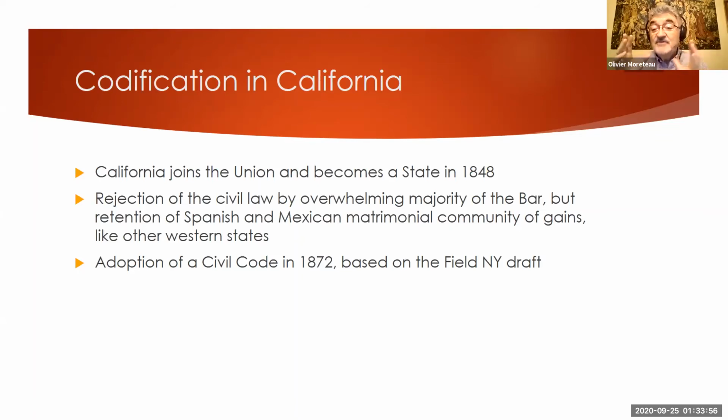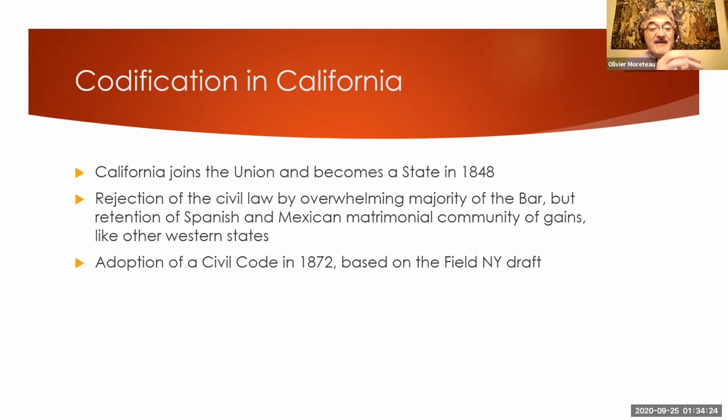This matrimonial regime, developed in the civil law tradition, was actually very favorable to women in a frontier society where women were largely contributing to developing the land, and it was only fair to give them the ownership of half the land that was left at the death of the husband.